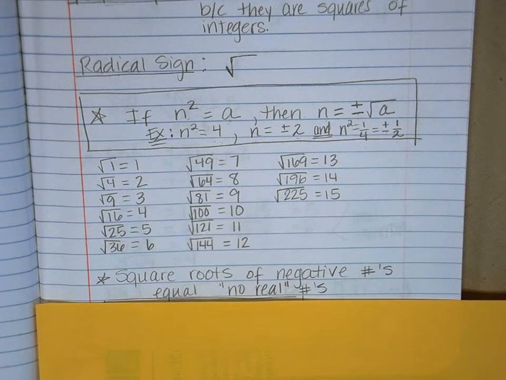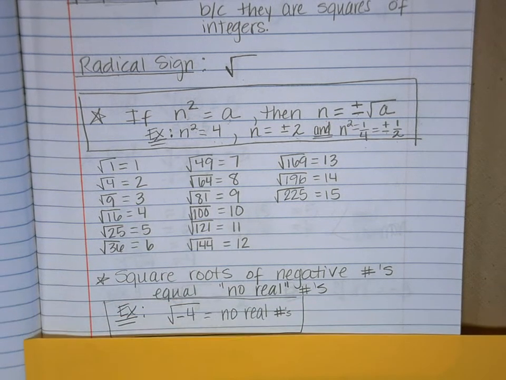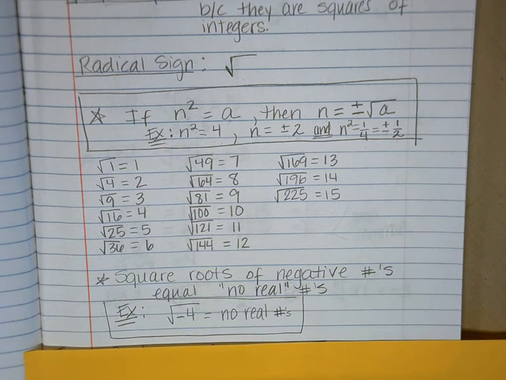So square roots of negative numbers equal no real numbers. The example would be this one. If you get any negative, but let's just put -4 in there, then your answer is not -2, or not 0, or not IDK. Okay? It's no real numbers.